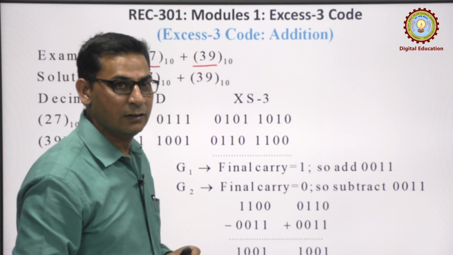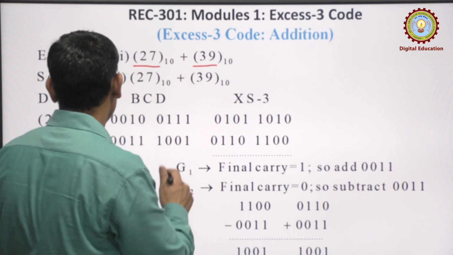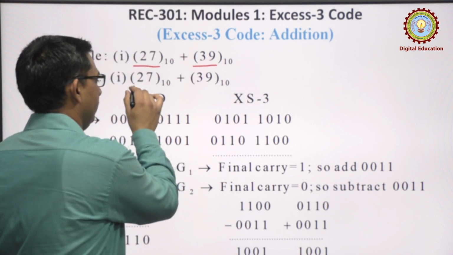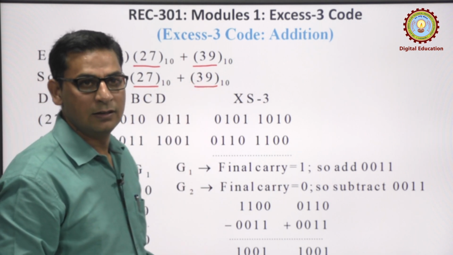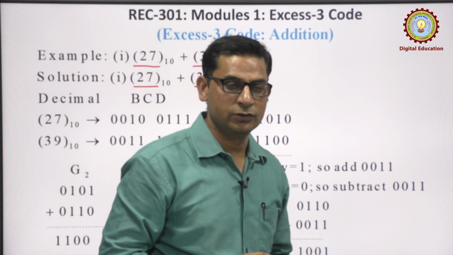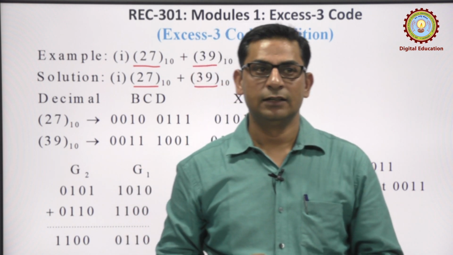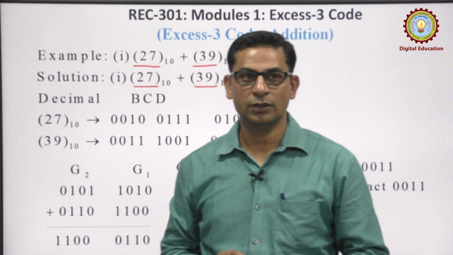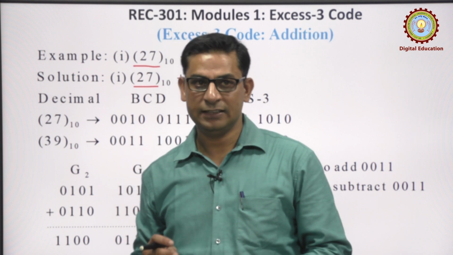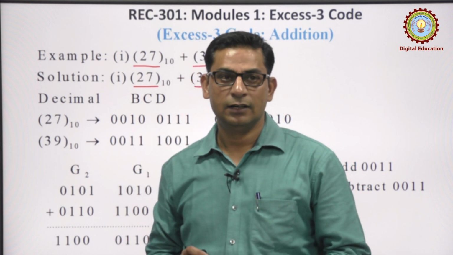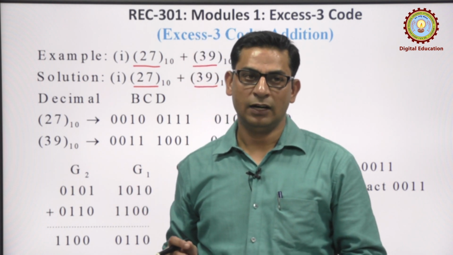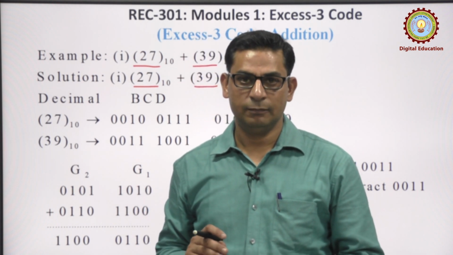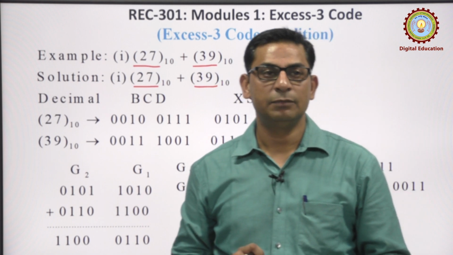As per rule number 1, if you want to add two decimal numbers using Excess-3 code, first of all we will convert the decimal numbers to binary coded decimal, means BCD code, and then we will get the Excess-3 code after adding the binary equivalent of 3 to the BCD code.